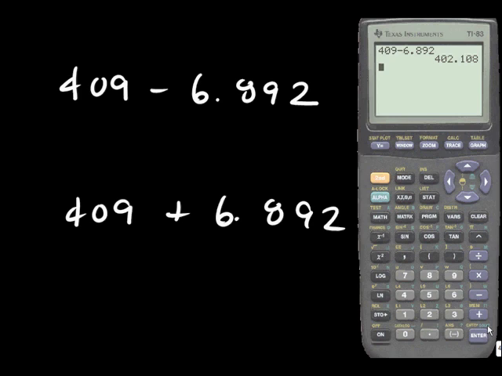It's 402.108 and 415.892. So if we approximate this to the nearest tenths, we get 402.1 and 415.9.